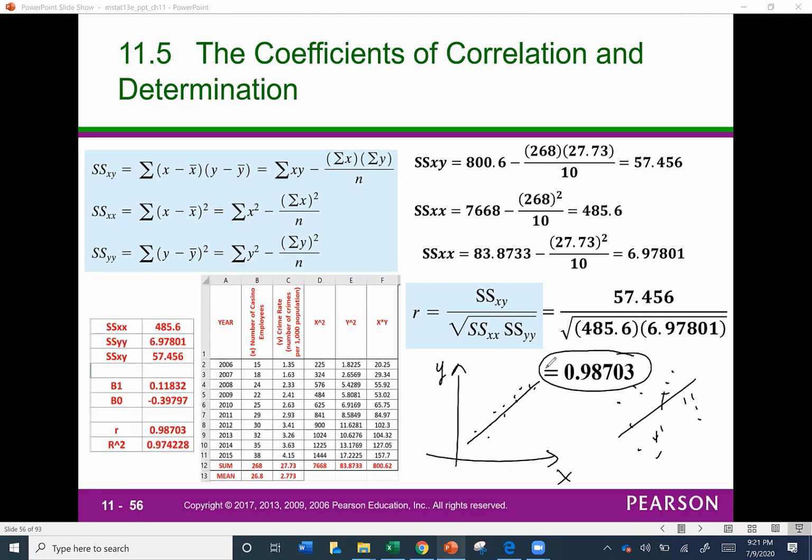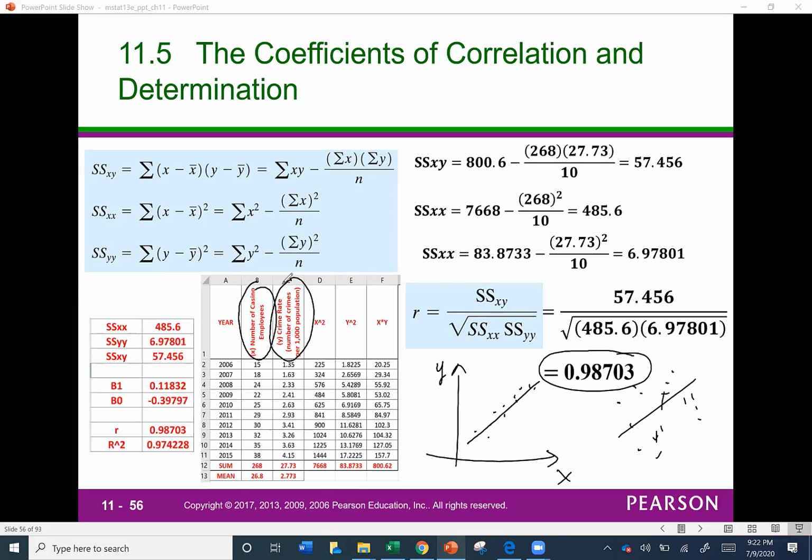Another important thing that you need to take into consideration here is that if there is a strong correlation, as in this case, a strong correlation between the number of employees and the crime rate, despite this, that doesn't imply causality. Actually, the number of employees is not the cause of the increase of crime rate. These two variables are correlated. When one increases, the other also increases.